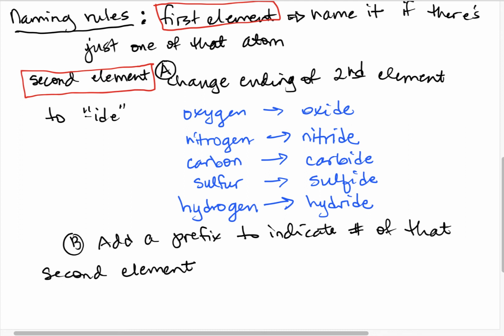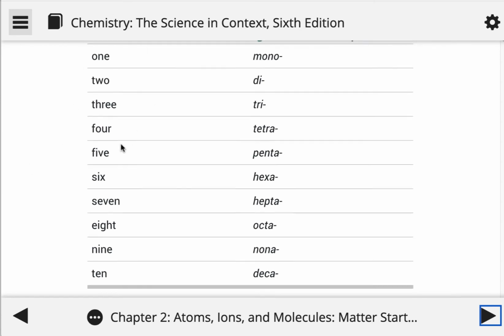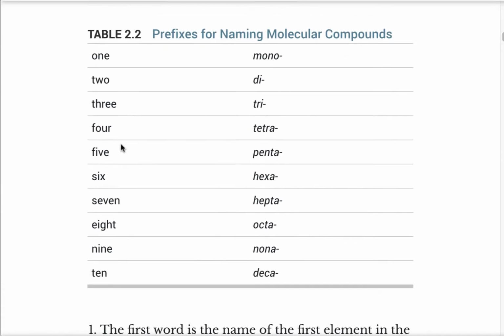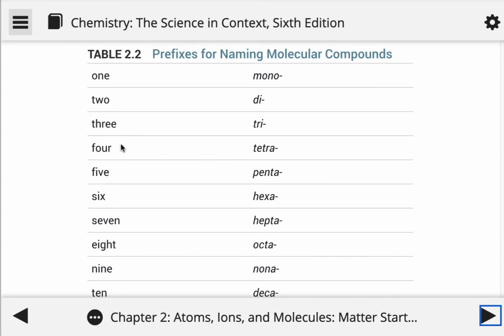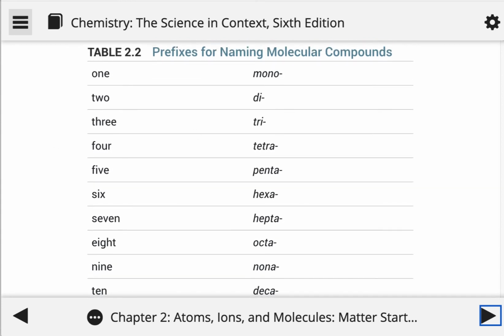So let's go over to the book and take a look at the table showing all those prefixes. Okay, so here we are. This is table 2.2 in our book. In this table, we have up to 10 elements in our compound that we're able to name.